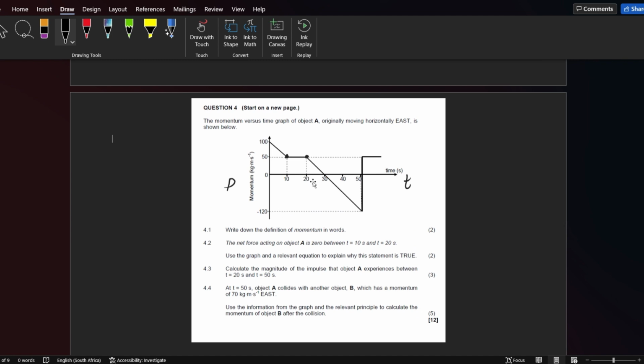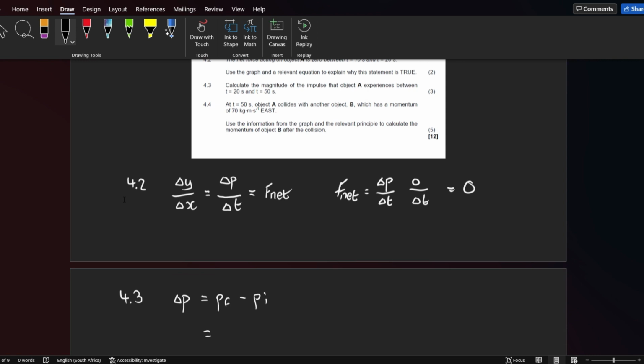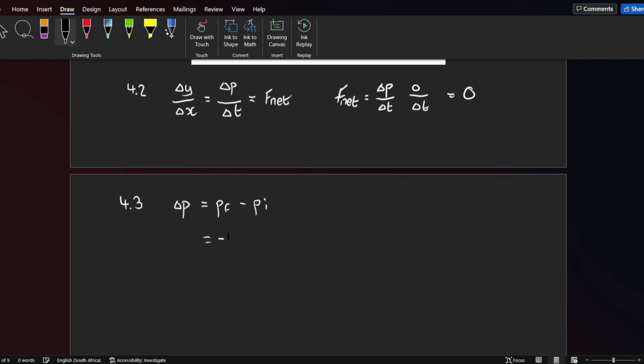At 20 seconds, the momentum is 50 kg meters per second, and at 50 seconds, it's negative 120. So we start off with the final momentum, negative 120, and we subtract the initial momentum, which is 50, and we get our impulse, or our change in momentum, to be negative 170, and the units will be Newton seconds, or alternatively kg meters per second. Okay, so that will be our impulse.